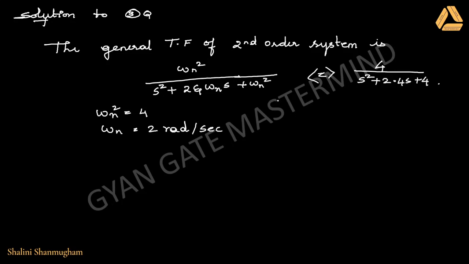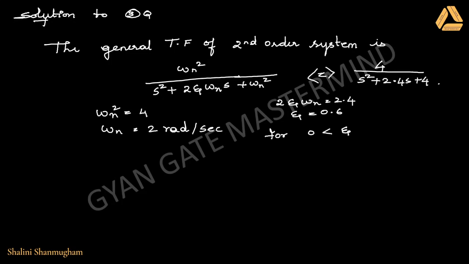And comparing the second term, 2 psi omega n equal to 2.4. So we know that omega n equal to 2 radian per second, and from this we'll be getting damping coefficient as 0.6.